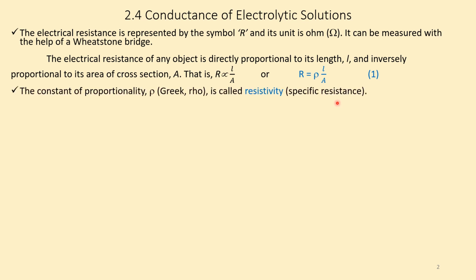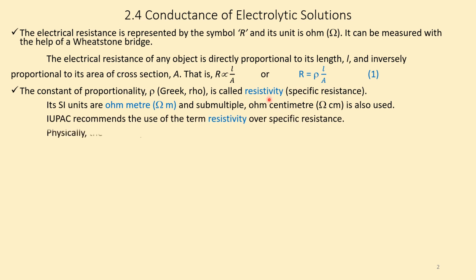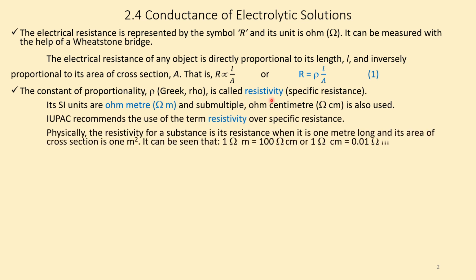The constant of proportionality rho, as written in equation 1, is called resistivity, or it is also called specific resistance.